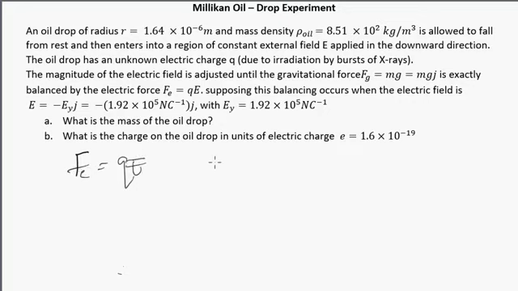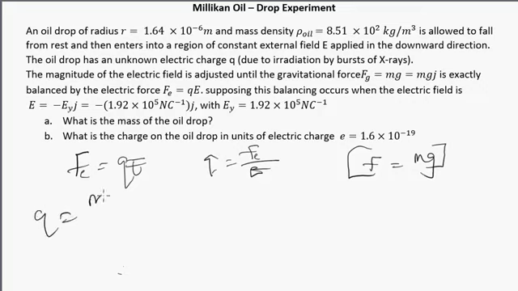Let's recall that we are looking for the charge, so we can make the charge the subject of the formula, and we'll have F over the electric field. But let's also recall that F is equal to mg, so we can replace F by mg. So Q is equal to mg over E.